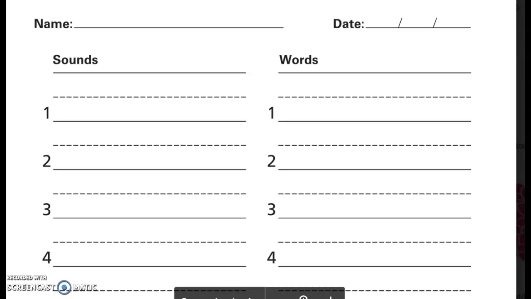Then we have gift, g, I, t, gift. Man, m, a, n, man.